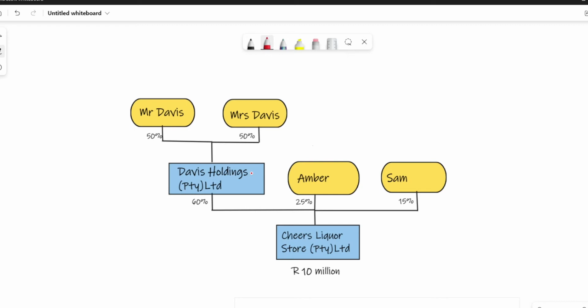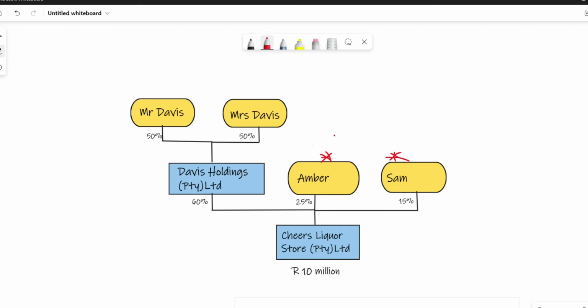So if for example, the parties decide that, look, we know that Mr. Davis and Mrs. Davis want to retire at some point. However, Amber and Sam cannot take a policy on Davis Holdings, the company, because the company can't die. It's not a human being.